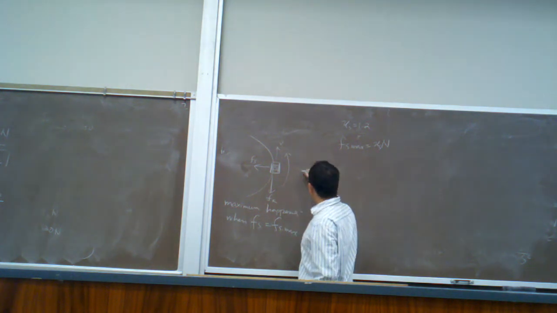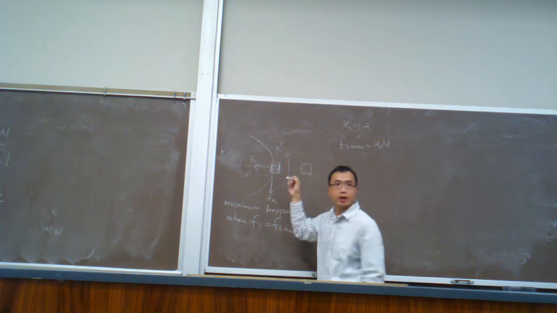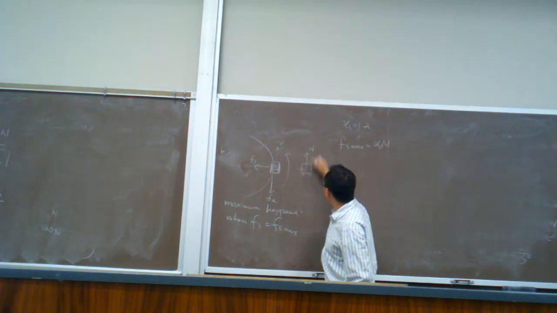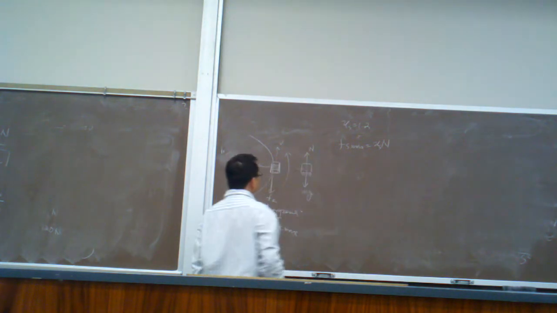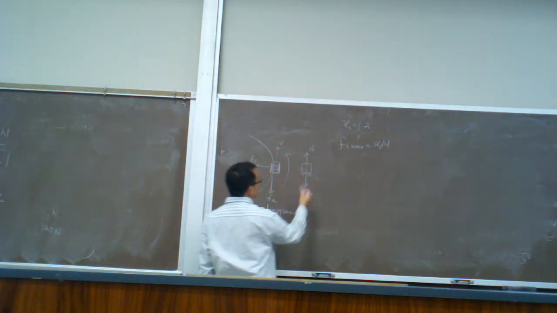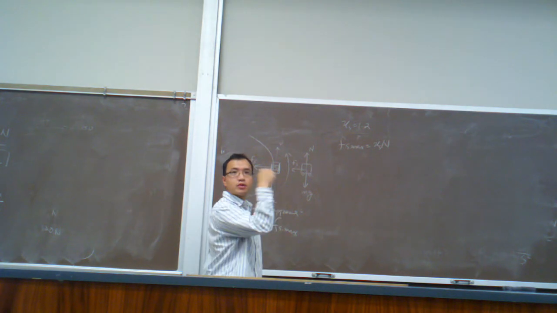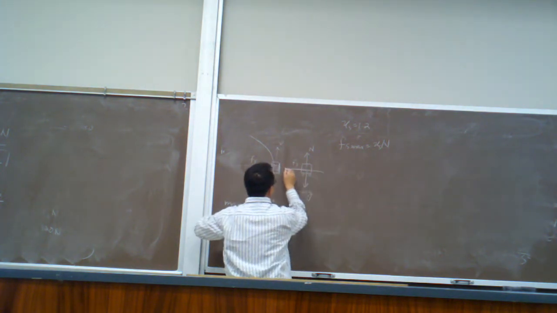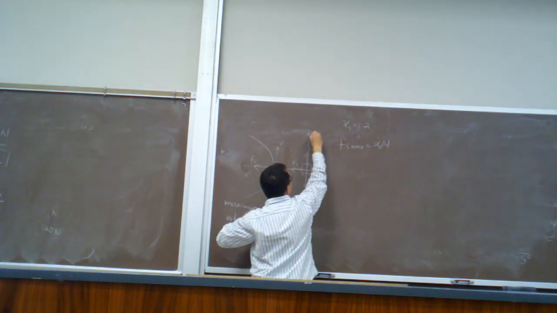To calculate the normal force, if we look at this from the back or the front, you have some upward normal force, some downward weight, and the static frictional force in this direction. This is our positive x direction, and this is our positive y direction.